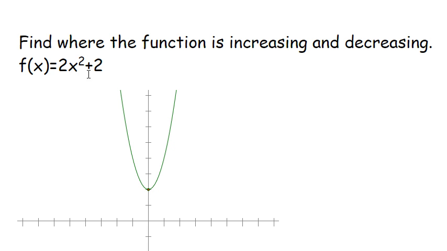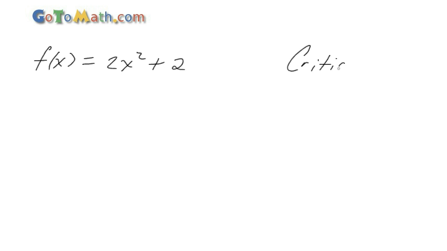But let's write this down, 2x squared plus 2, and bring up the whiteboard. Okay, so we have f of x is equal to 2x squared plus 2. So the first thing we want to do is find the critical number.